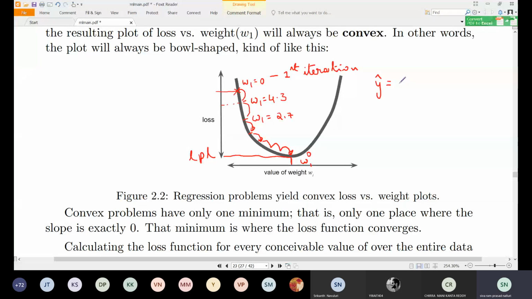So y cap is equal to the optimal W1 naught, okay, multiplied by x1. Now your model has learned thoroughly. So the training phase is over because you have found the optimal value for the weight where the loss is minimum possible. Now what you do is you start using this model.